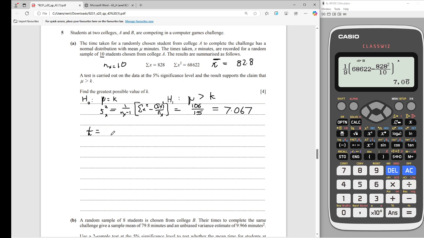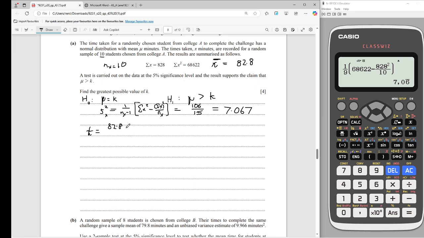is equal to, okay, yeah, T is equal to the sample mean of x, so that is going to be 82.8 minus mu. Mu is represented as k as stated in our hypothesis.